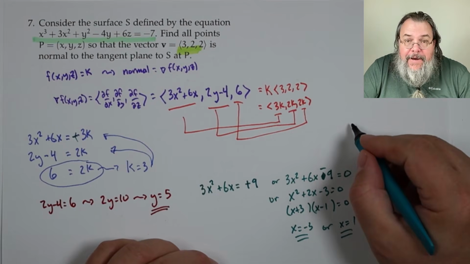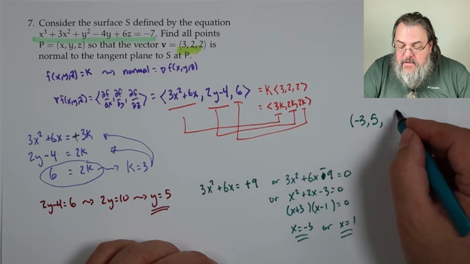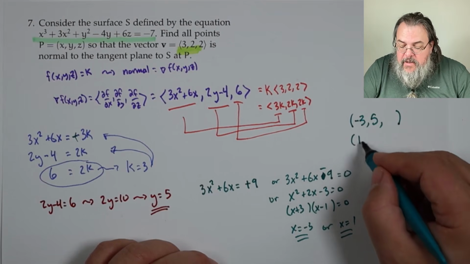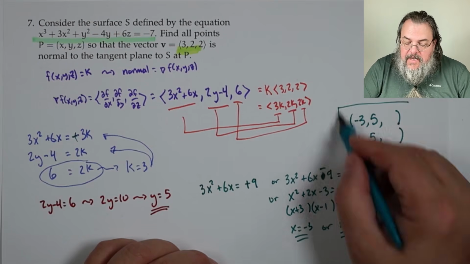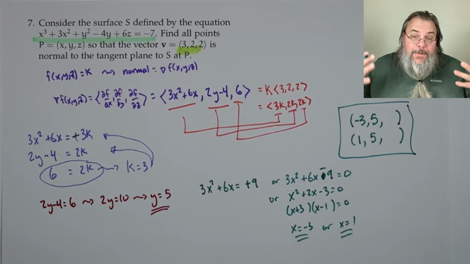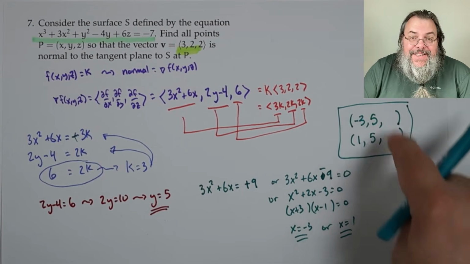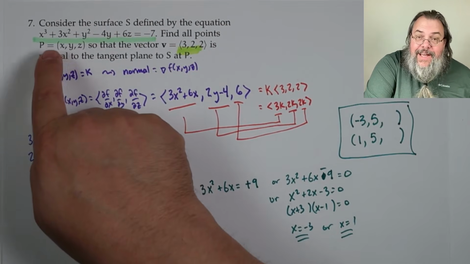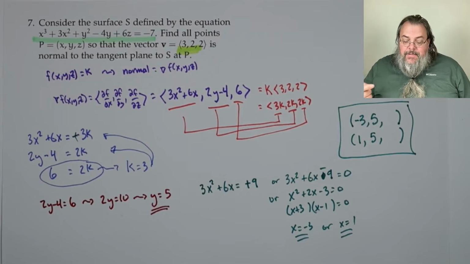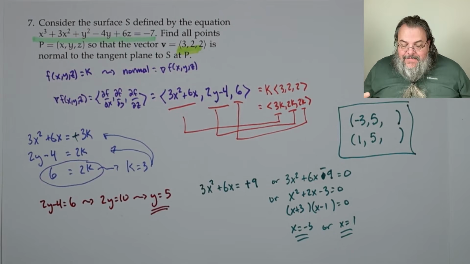So we have 2 points: (negative 3, 5, something) and (1, 5, something). Is that our answer? It will be as soon as we figure out the last piece, because we need a point P with 3 entries, x, y, z. We were able to solve for the x's and the y's, but we haven't yet figured out the z.